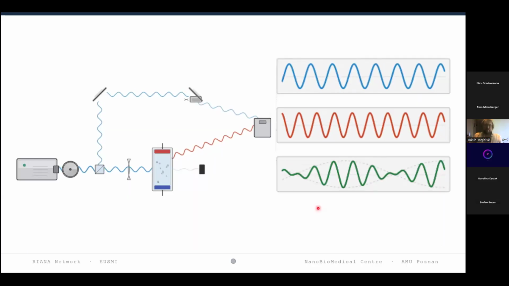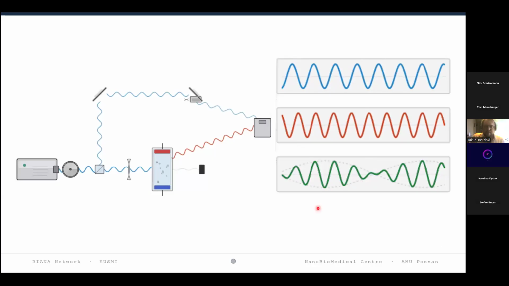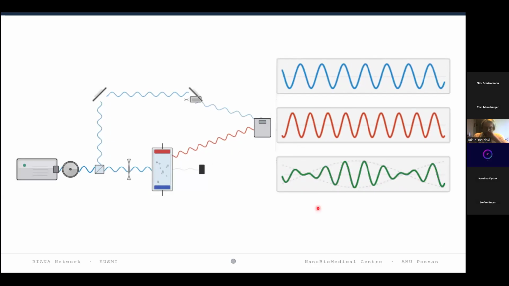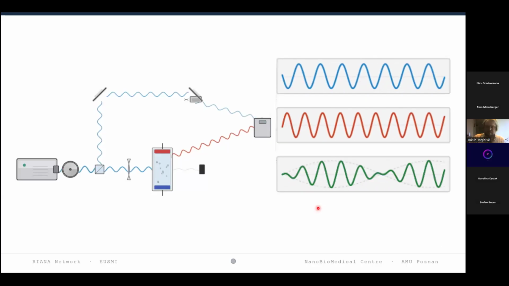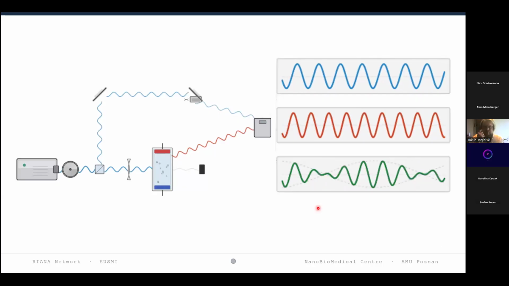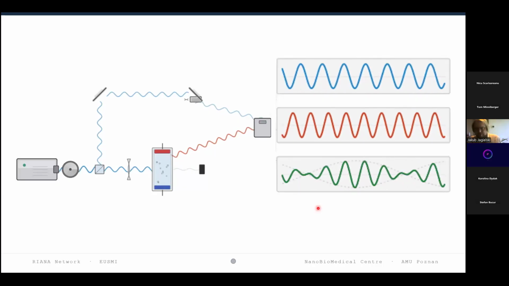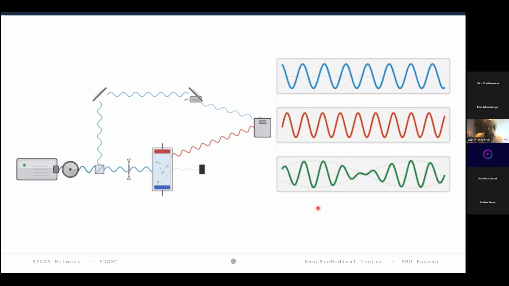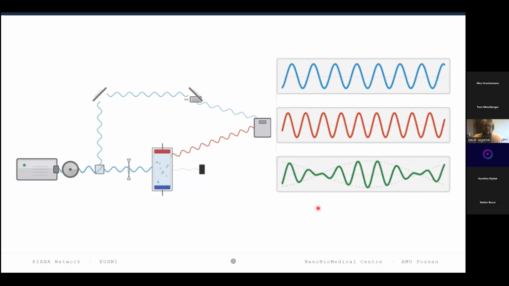So now, moving to how the heterodyne detection works. As you can see, we have the reference beam shown in blue. It maintains a fixed, known frequency. The scattered beam in red is Doppler shifted due to the directed motion of the particles in the electric field.